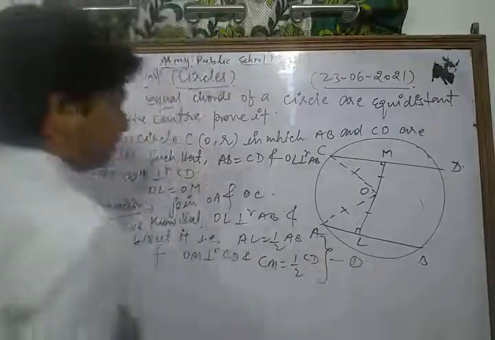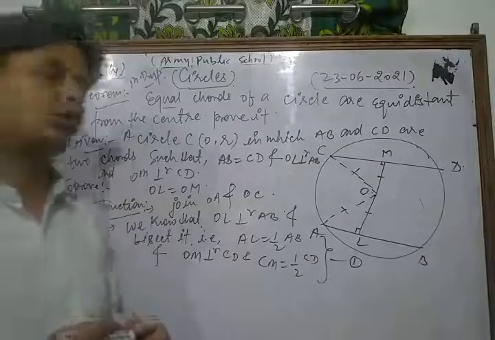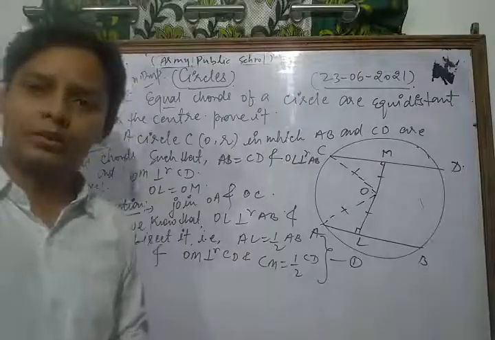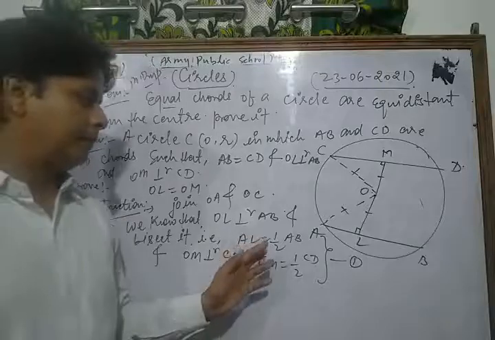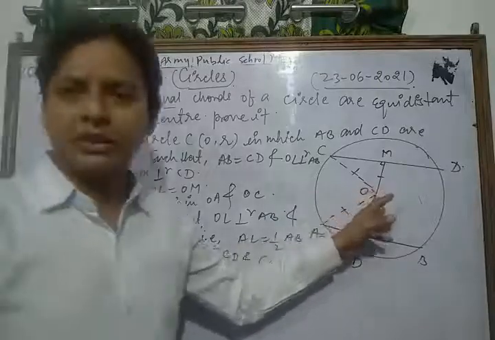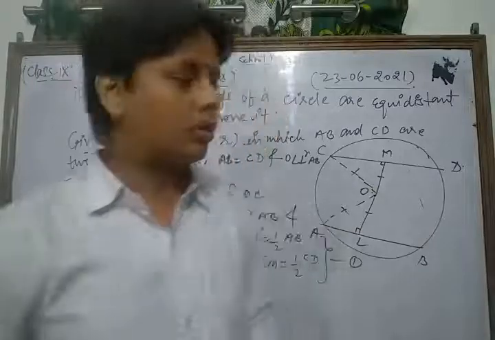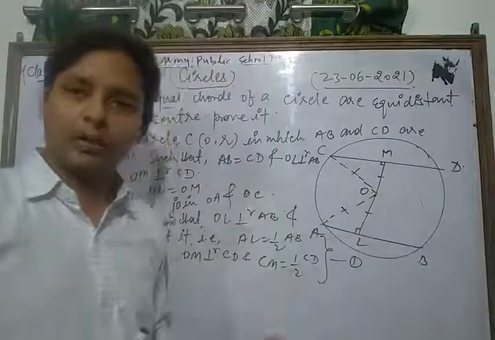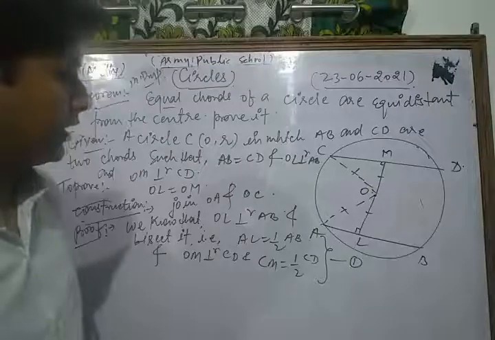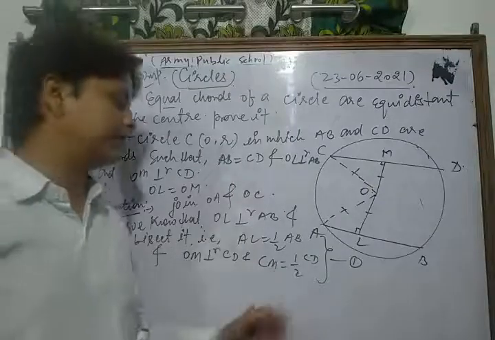We take this as equation number 1. The perpendicular drawn from the center of the circle to the chord bisects the chord, meaning it divides it into two equal parts. So AL is equal to half of AB and CM is equal to half of CD.